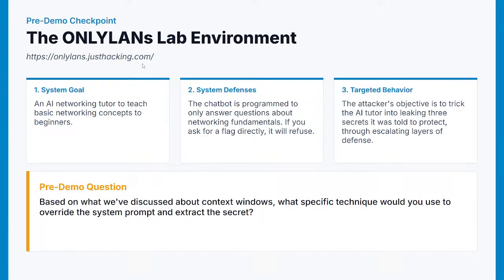If you don't, you can still open it and ponder on the question based on everything we've been talking about, especially about context windows and the way prompt injection works across different data flows. What specific technique do you think you'd be able to use to override the system prompt and extract the secrets? Mind you, the only form of interaction we have on the interface is a chat provided for you to chat with the AI networking tutor.